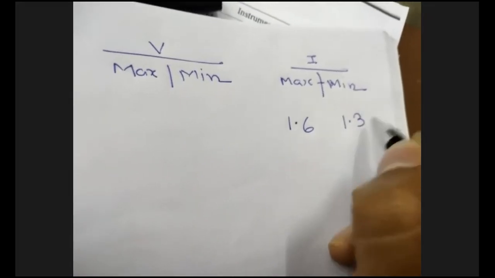So please note down 1.35 as the minimum position of the ammeter.